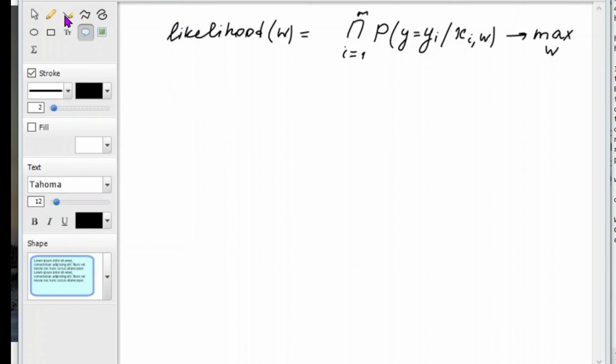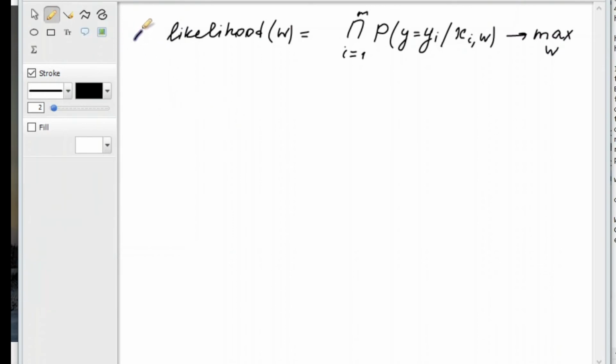That is why we can write the logarithm of the likelihood function on the left side of our equation, and we should add the logarithm to the right side as well. So here we get another equivalent optimization problem. We should maximize the log likelihood.